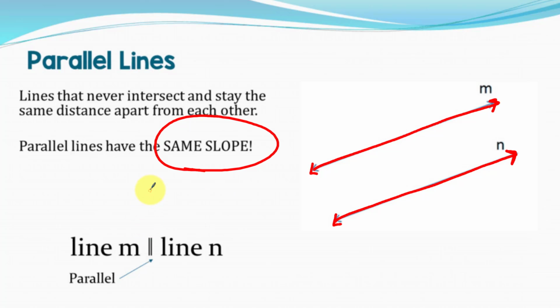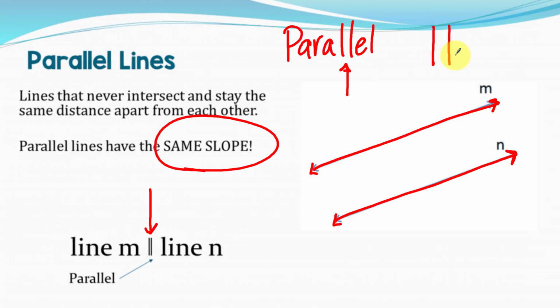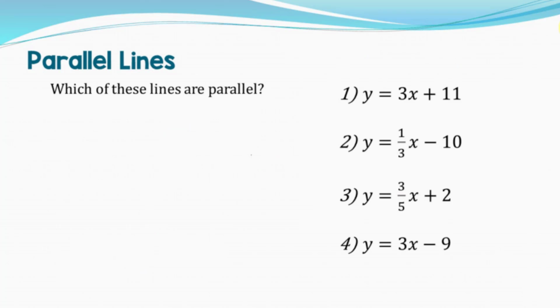And this little indicator right here means the lines are parallel. And it's kind of interesting because in the word parallel, you actually kind of have the indicator. It's just two lines next to each other, indicates parallel. Okay, so same slope, the two lines are parallel.